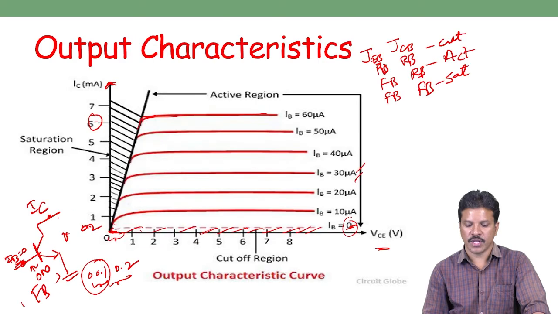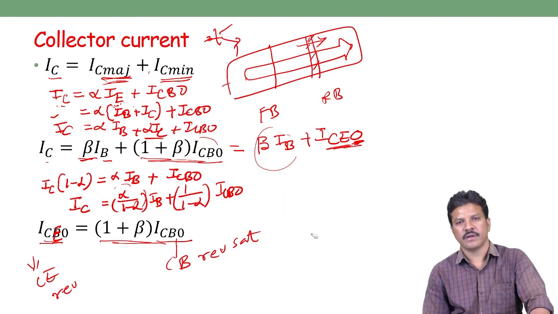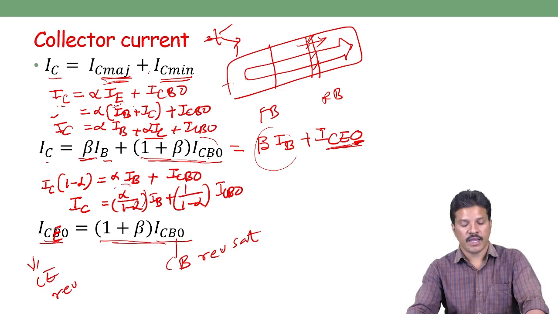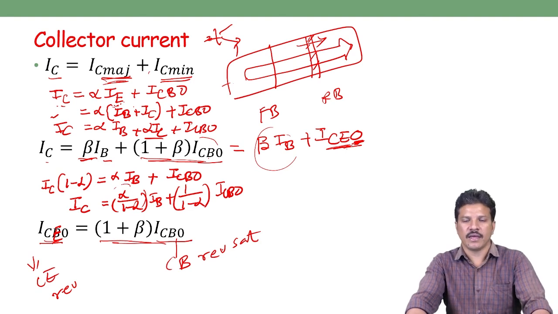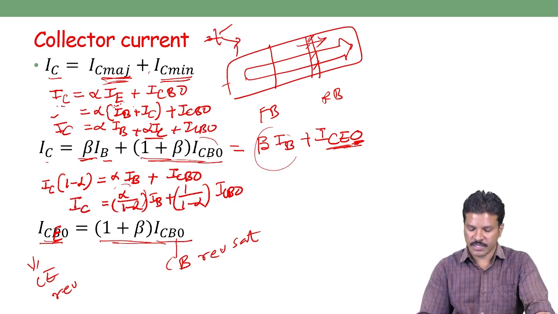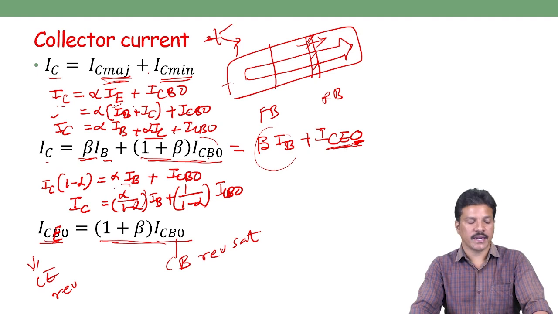So that's why we show it in the graph with dotted lines. This is the most important concept, why we consider ICEO compared with ICBO: because ICEO is 100 times greater than ICBO. So this minority current in the common emitter configuration is represented by ICEO. This is the collector current.